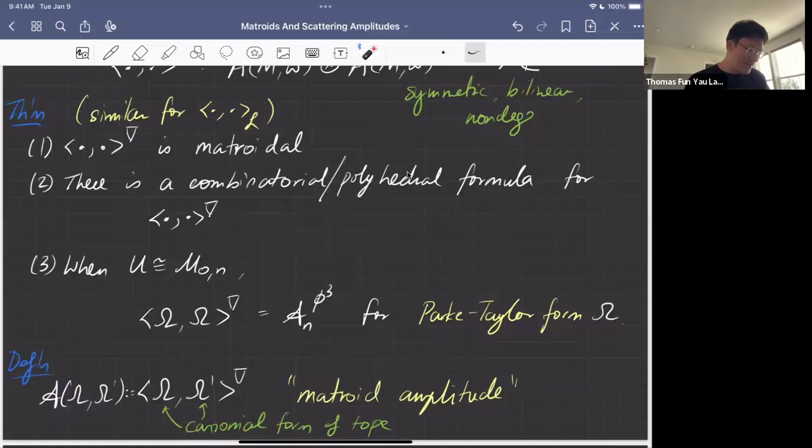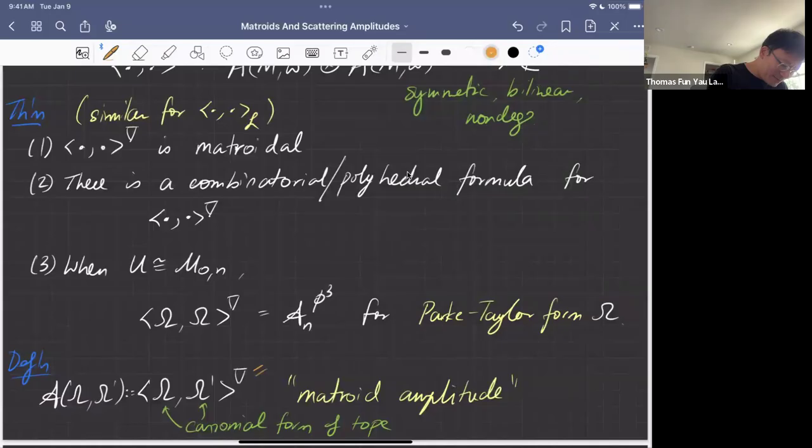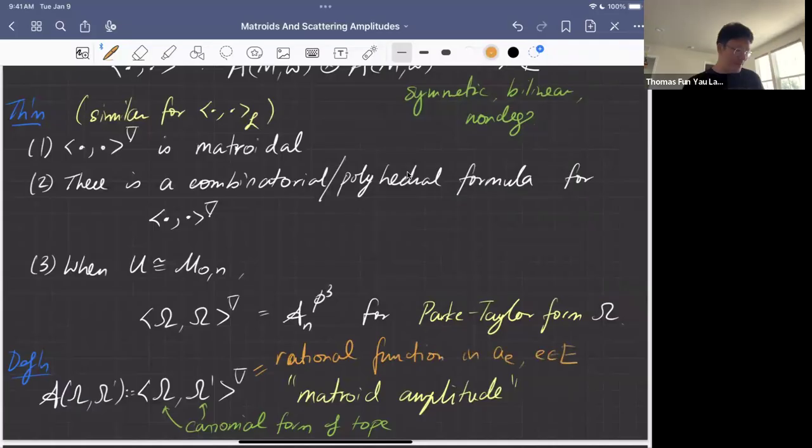But actually, this will be a rational function in the A_E's.